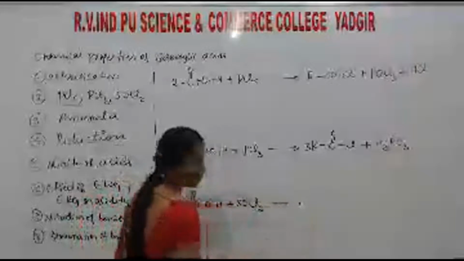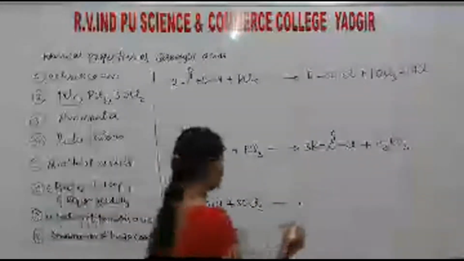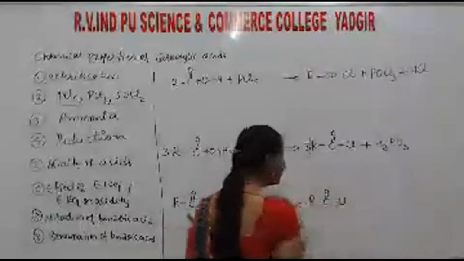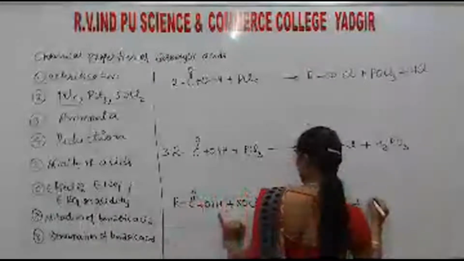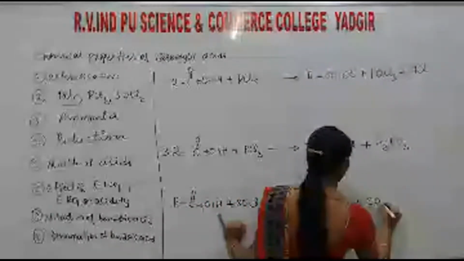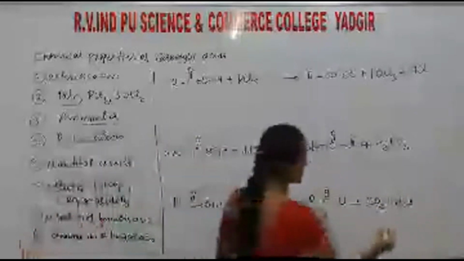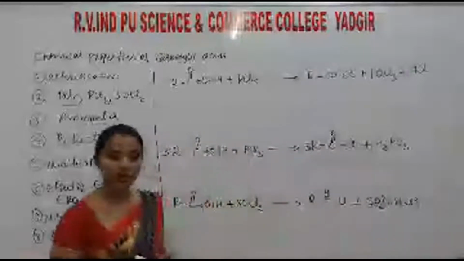So if they react with SOCl2, of course the bond breaking takes place in between these two. They form RC double bond O Cl, acid chloride, plus SO2 plus HCl. So here the byproducts are different, students. We don't bother about the byproducts.